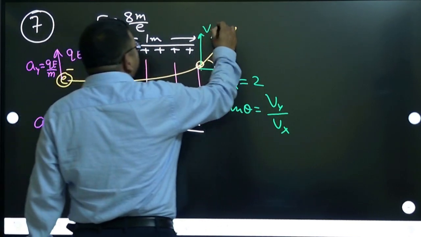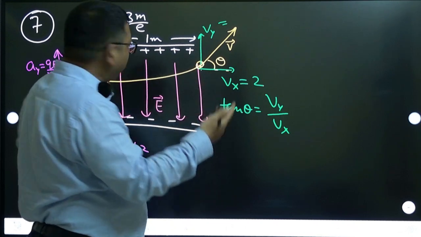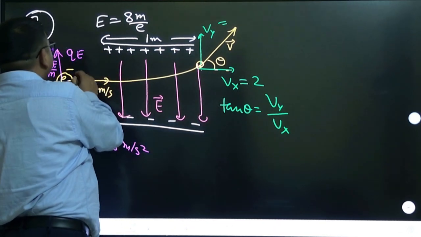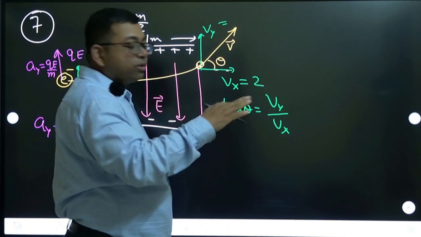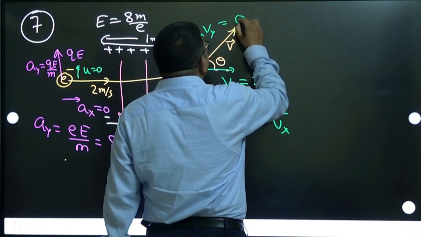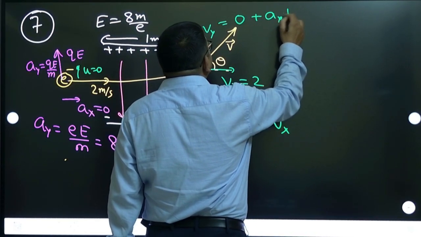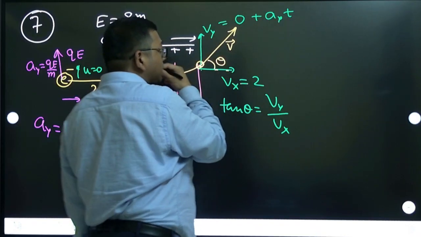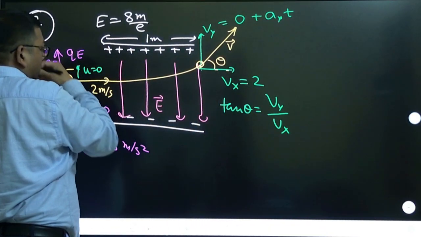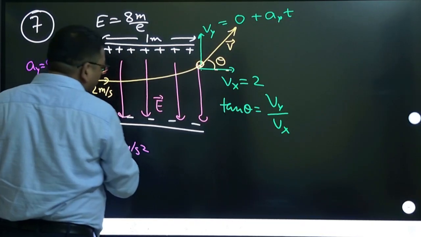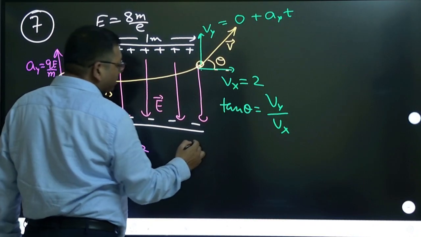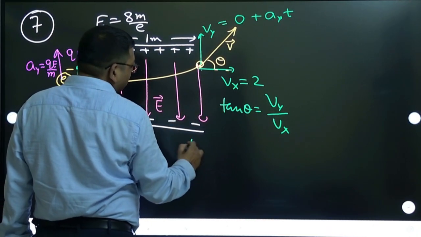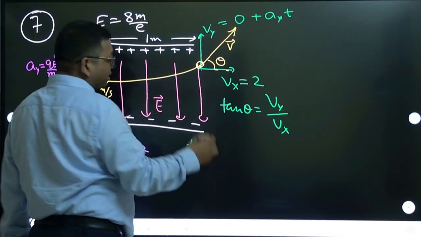Vy you have to calculate, so v equals u plus at. Initial u in this direction is 0, because it was projected horizontally. So v equals u plus at, with the acceleration along the y direction and time. But how do you calculate time? It is moving horizontally, so time taken is distance by speed in the horizontal direction.